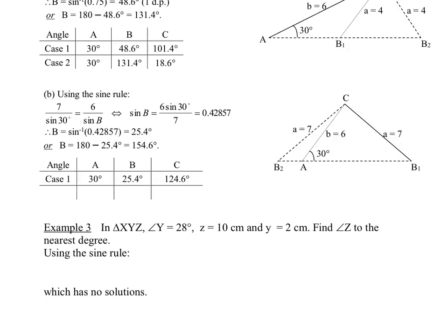However, if you try and build up the triangle with a B of 154.6 degrees, then A and B already add up to more than 180 degrees, so there would be no angle C there. So this second case is not possible. The only possible value for B would be 25.4 degrees in this case.